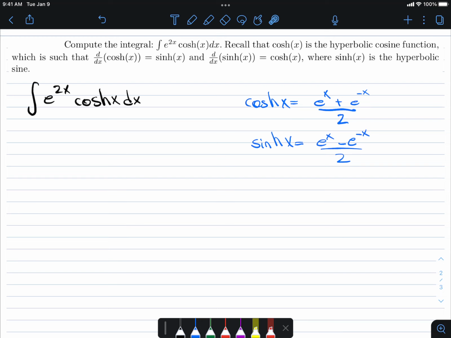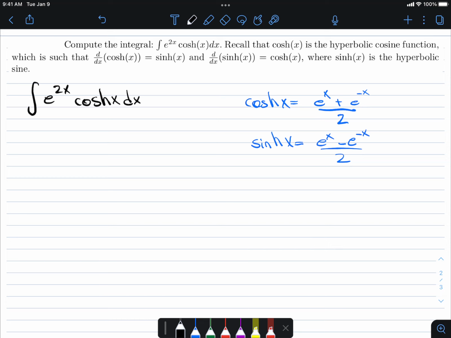So this is probably prime territory for integration by parts, like I said, but we're probably going to use a trick which involves integrating by parts twice, then looking at the equation that shows up and solving for the integral that we want. So we will do that.